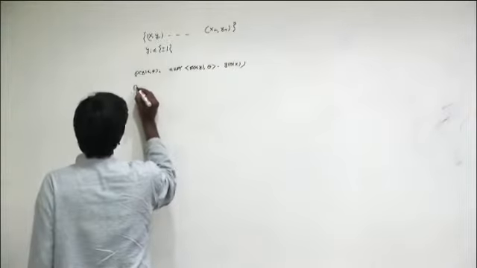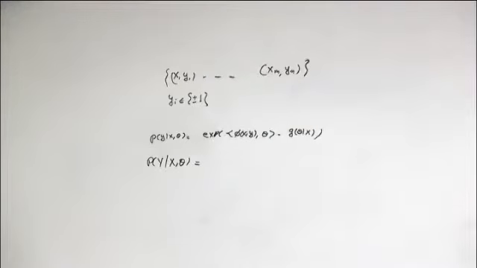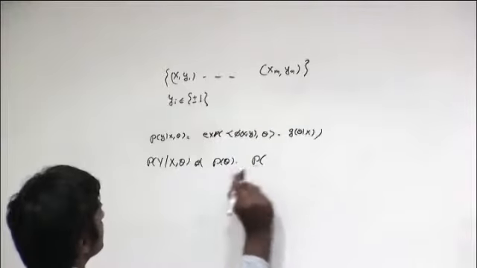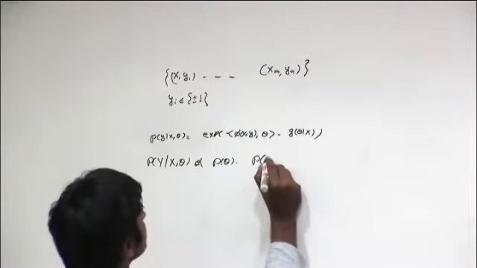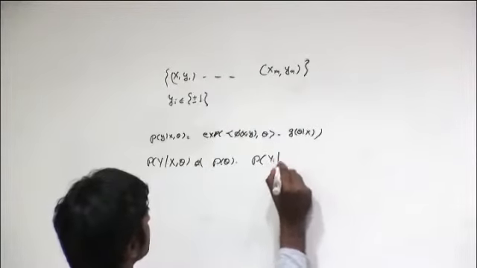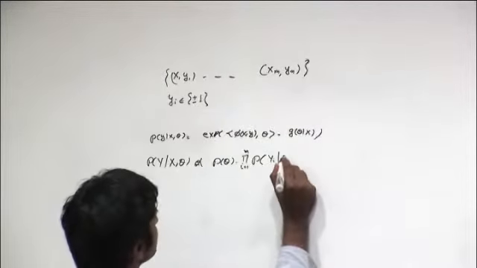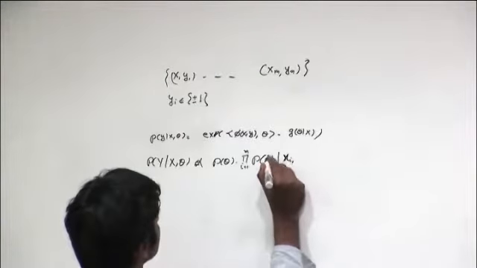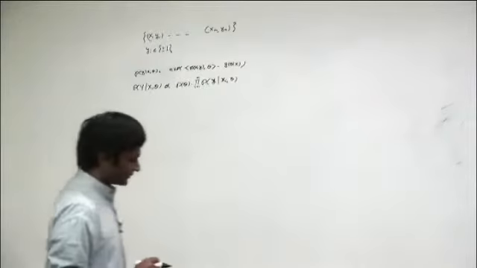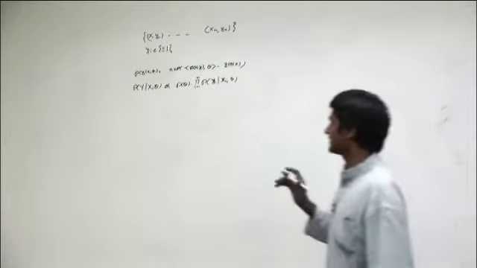So we are going to say p of y conditioned on x and theta is going to be proportional to p of theta times the product over i of p of yi conditioned on xi and theta. Okay. So now, if you look at this expression, as before, let us do the same.